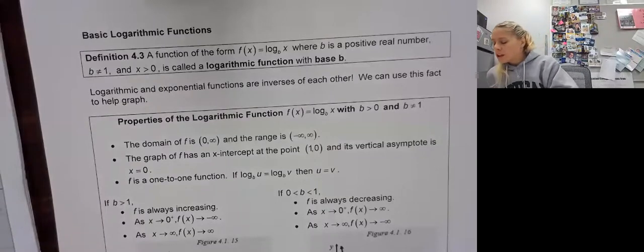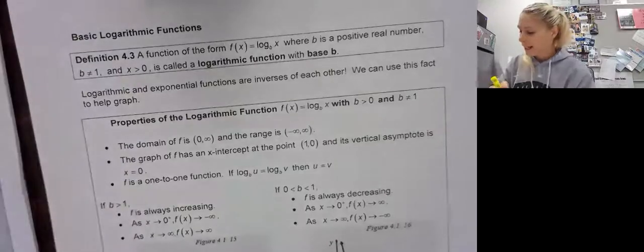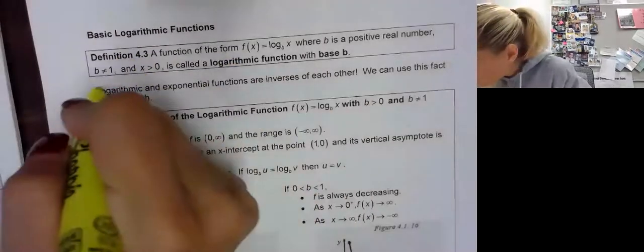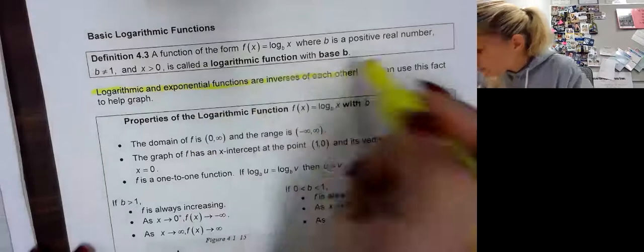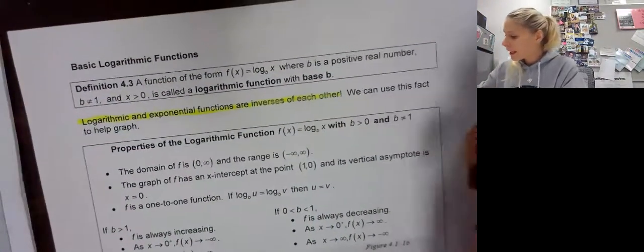So a definition of the form log base b of x, where b is a positive real number, b is not equal to 1, and x in this case has to be greater than 0. Why is that? Because the log and the exponential functions are inverses of each other.